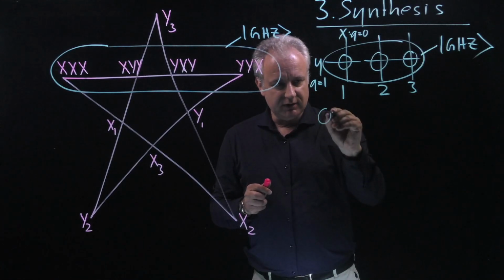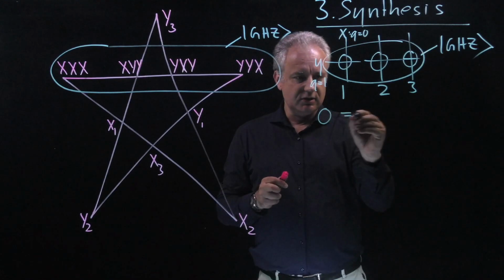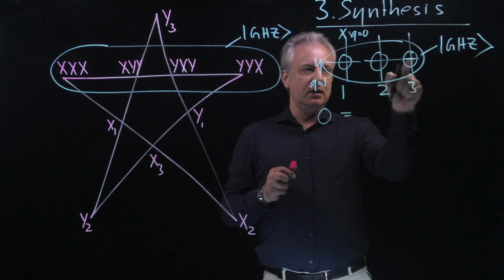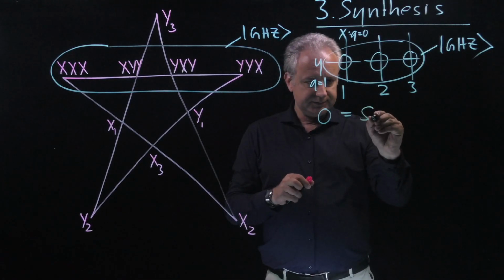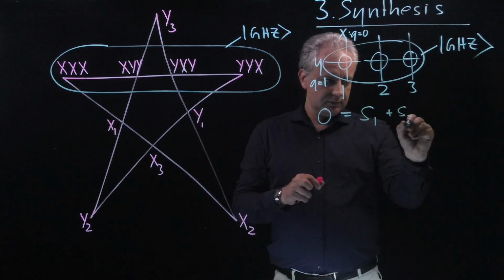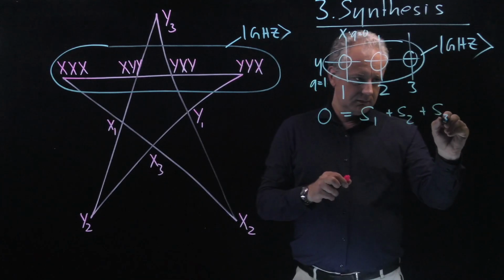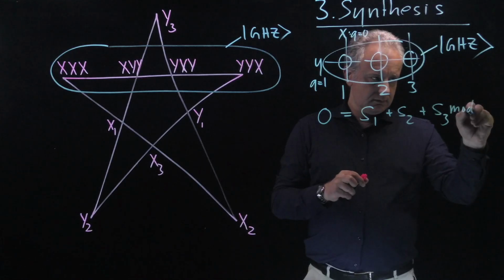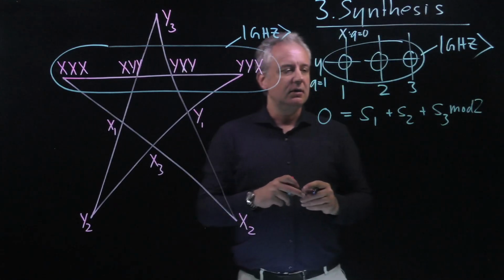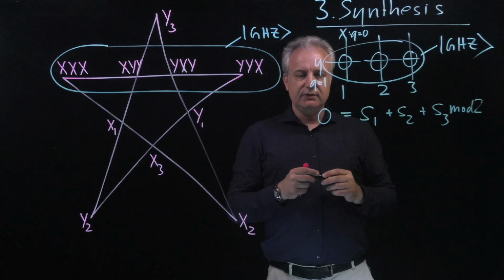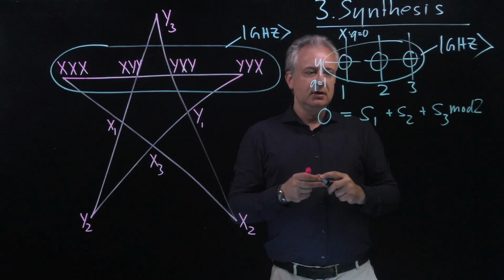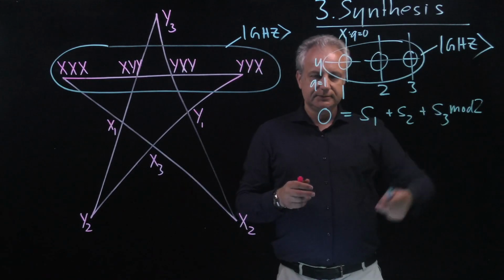So we have 1 bit of output, and this is going to be the sum of the 3 measurement outcomes. Okay, so this is the first relation, relating the output of the computation to the measurement results.